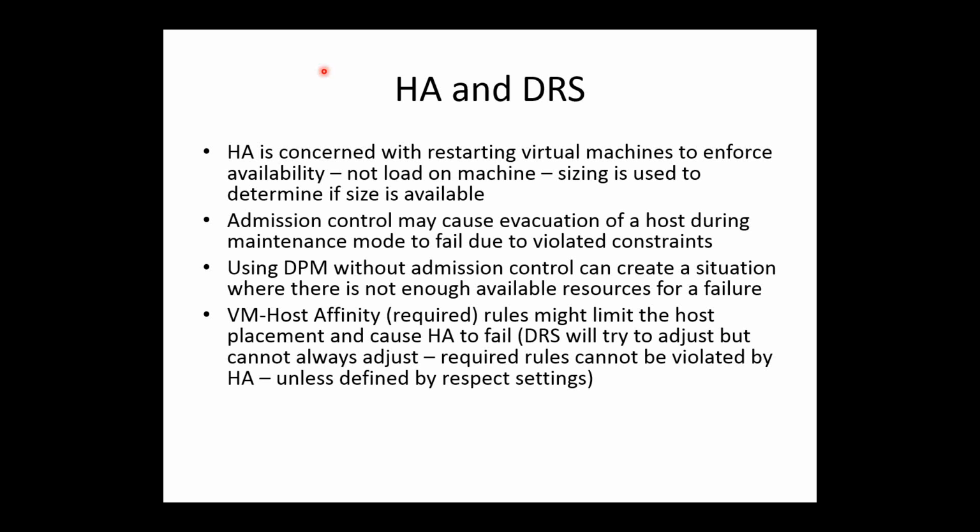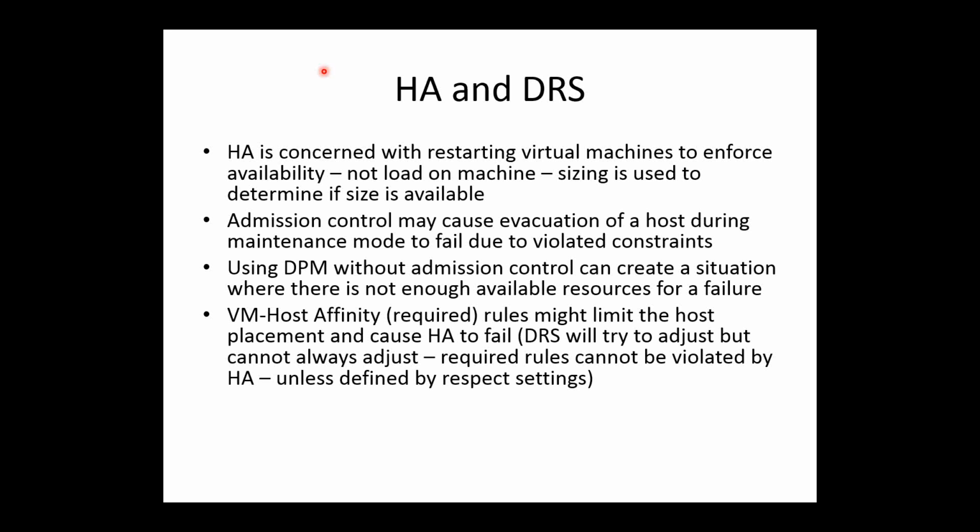If you've had a failure of a host and VMs are being restarted, admission control has nothing to do with that. It will not stop that failure event. That's obvious, because if we want to have N+1 redundancy and we've lost our +1, we want the VMs running on everything, even if it's going to mean we're running at 100%. Using DPM without admission control can create a situation where there's not enough available resources for a failure.